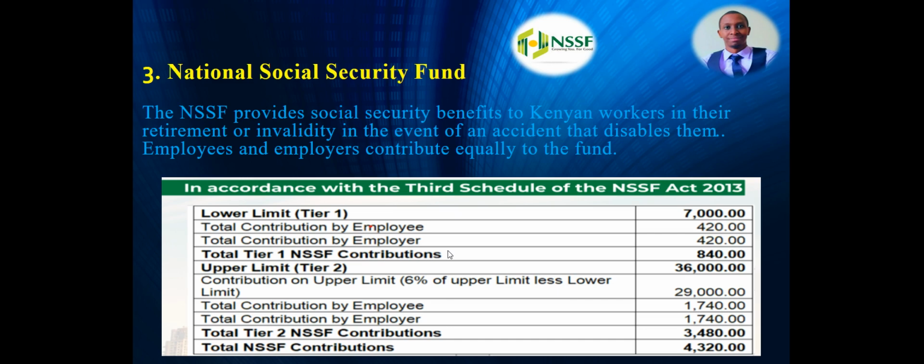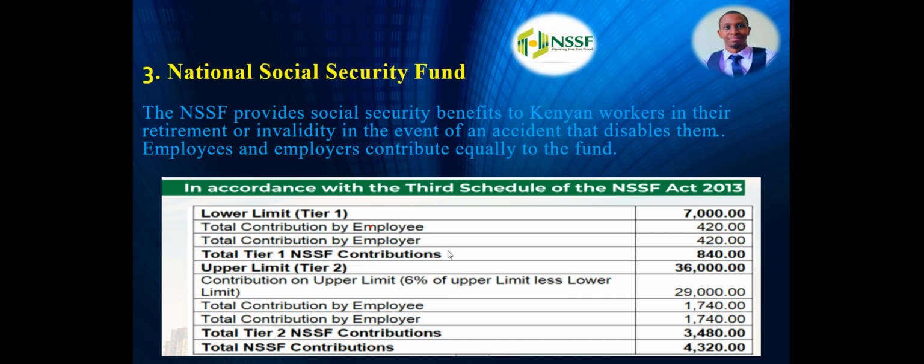For this case, the government just introduced some changes which were recently implemented on Tier 1 and Tier 2, whereby you are contributing to both tiers for most employment agreements. It's also wise to note that the employer contributes the same amount of money that is deducted from the employee.